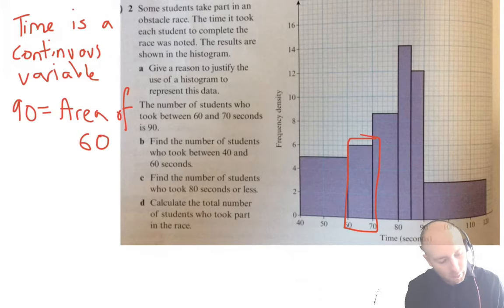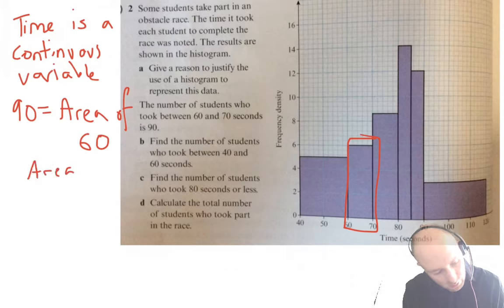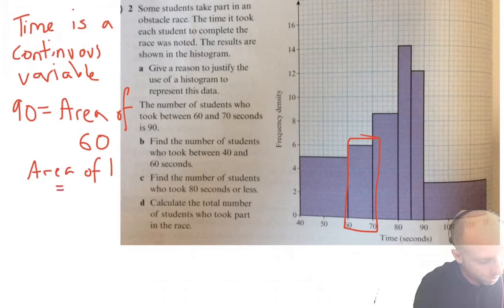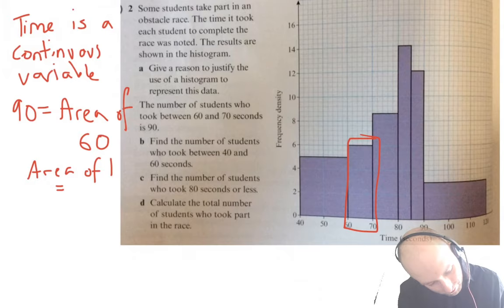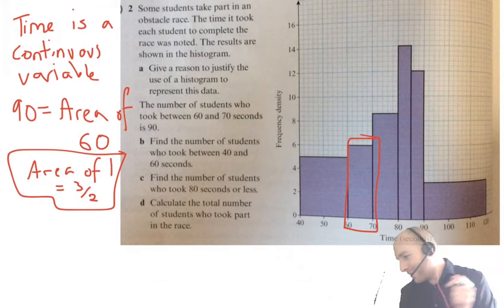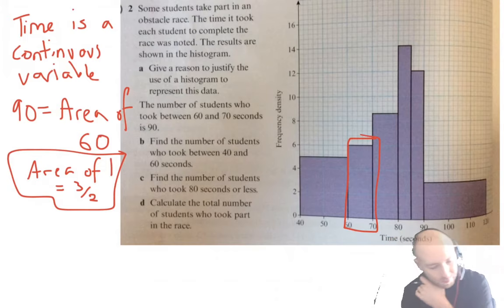So in other words, an area of 1 equals 3/2 students. So there's my key. Area of 1 on this graph represents 3/2 students, so 1.5 students.